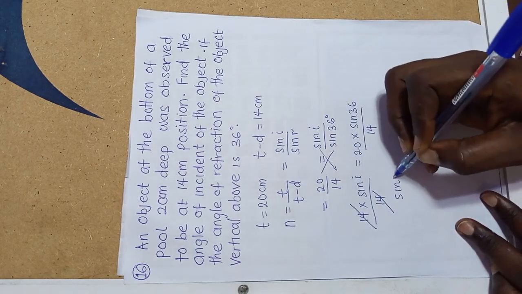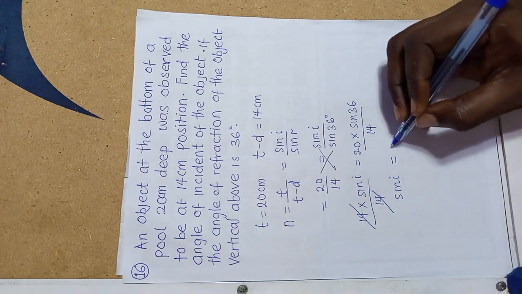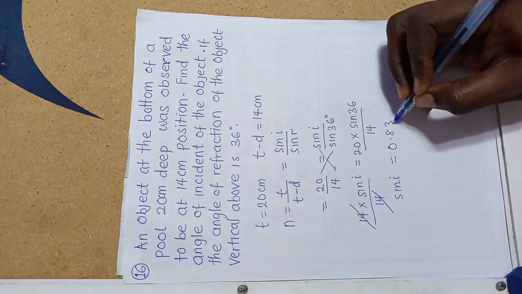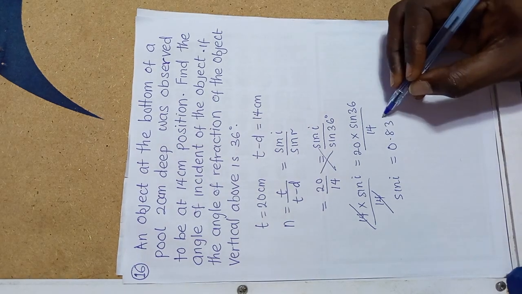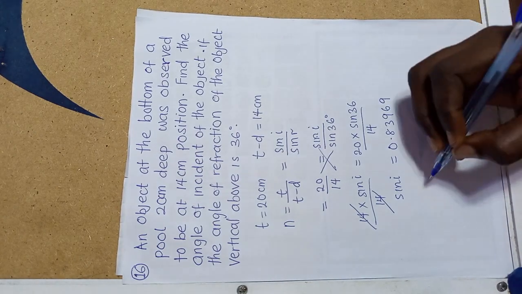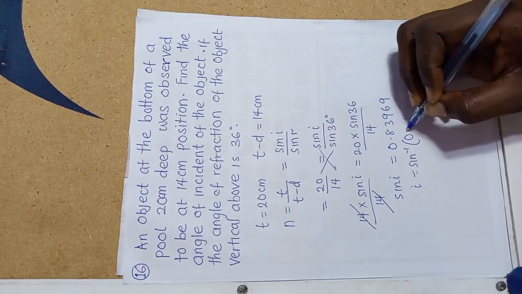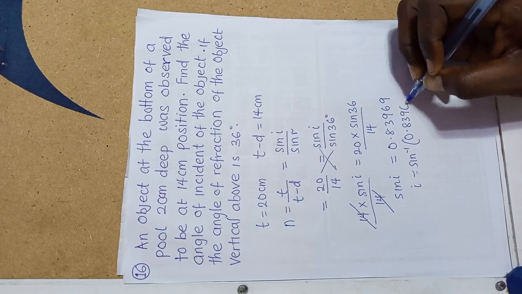We have sine I equal to 20 times sine 36, then divide by 14. Should be giving us 0.8396. Then I becomes sine inverse of whatever result we have had.